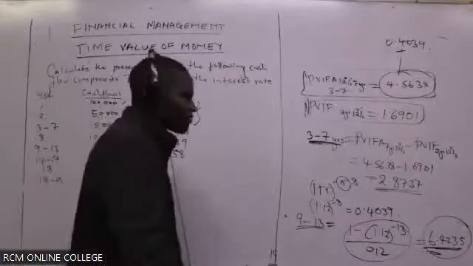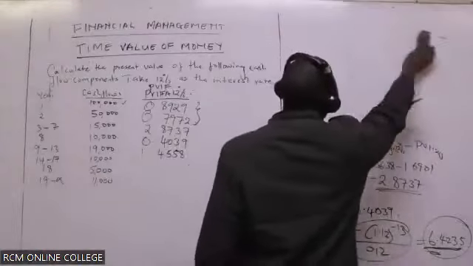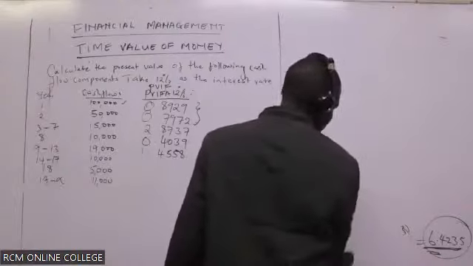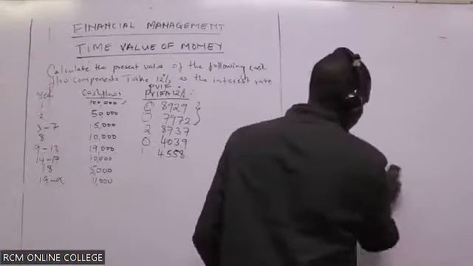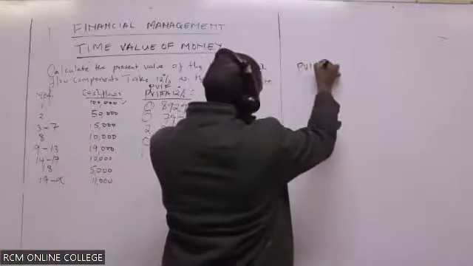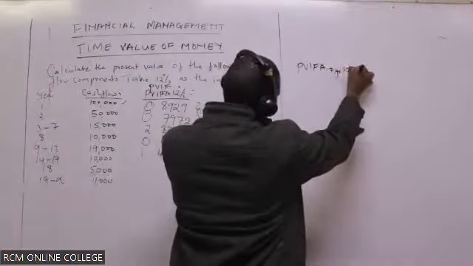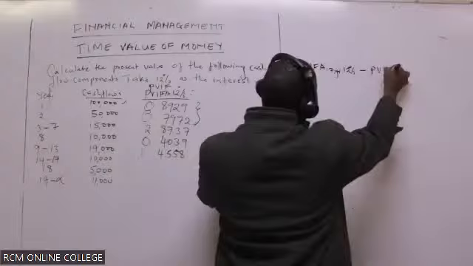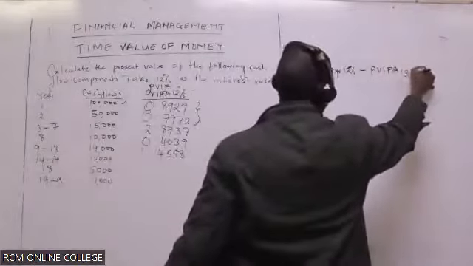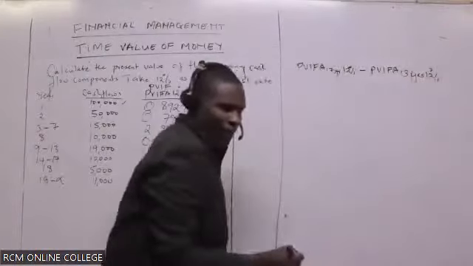Get the PVFA for 17 years. So it will be like this: let me write it here, PVFA 17 years 12% minus PVFA 13 years 12%.